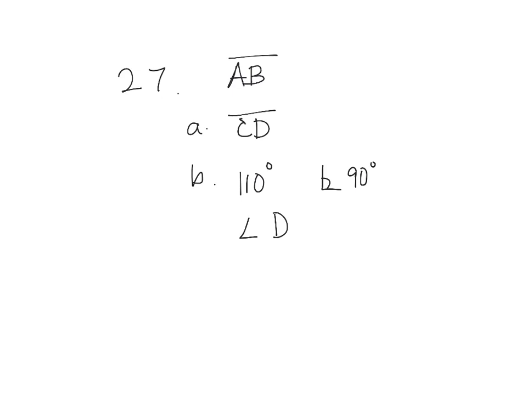All right, and we'll just look at 29 real quick. 29, you're going to have 4 answers for this problem. I'll give you the first answer. It says, write the decimal number for the shaded part. All right, so if we look at our columns, 10, 20, 30, 40, and then 6. So the answer, 0.46.